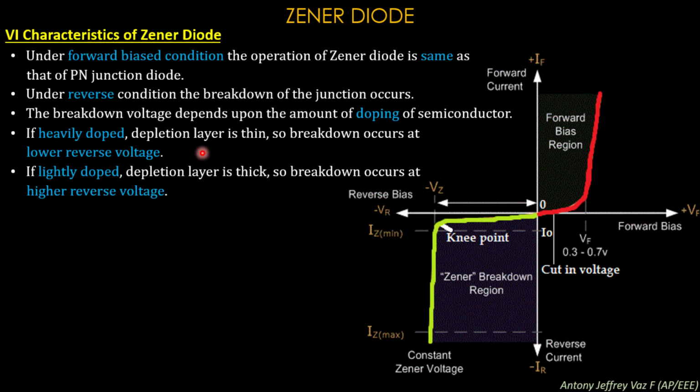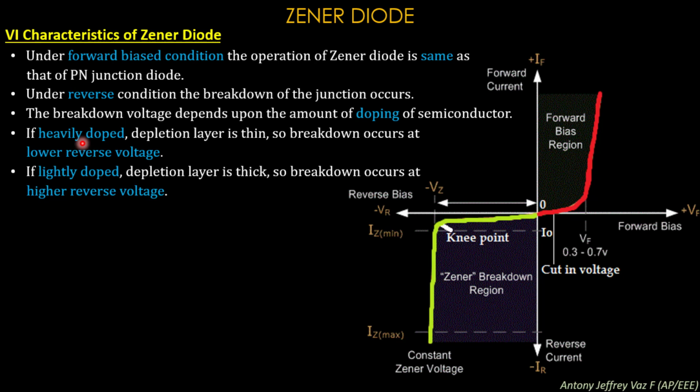So, to make the electrons pass the depletion region, you need to supply a higher voltage. The voltage magnitude depends upon the thickness of the depletion layer. So here the depletion layer thickness depends upon the doping. If you add more impurities, then the thickness becomes thinner.